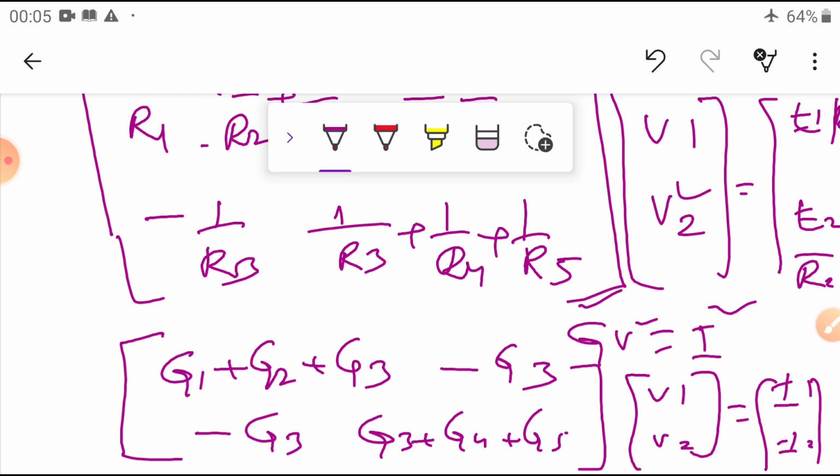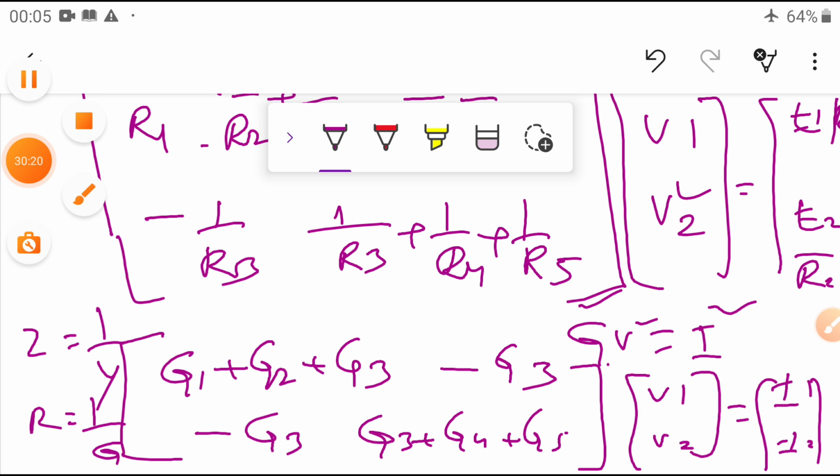Instead of G, we can use admittance and impedance: Z is equal to 1/Y, R is equal to 1/G. So we converted into our required form. By solving these, we get V1 and V2. Very easy. This is one method you can easily understand.